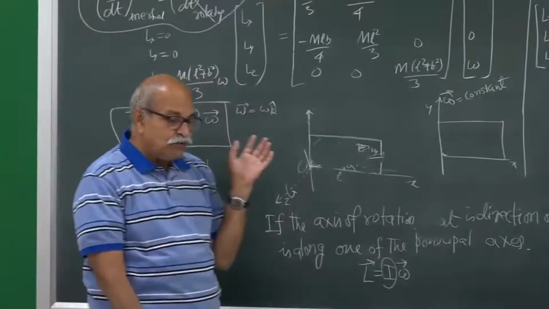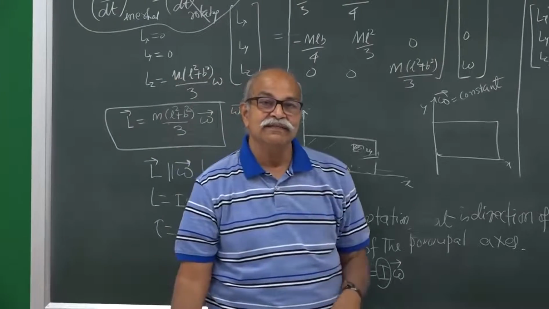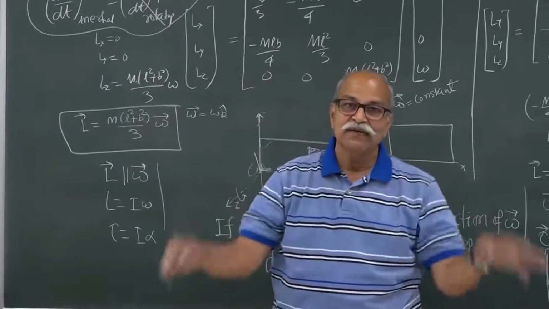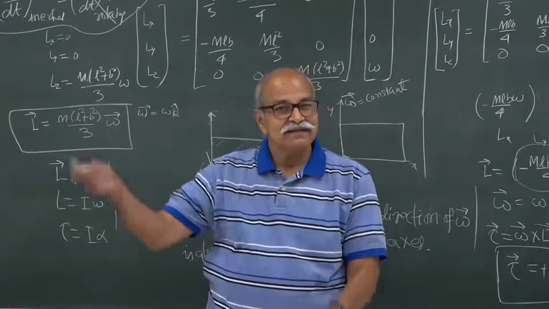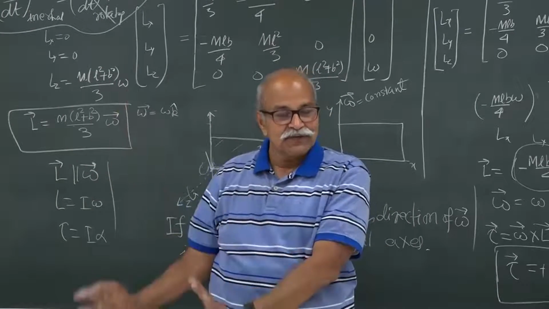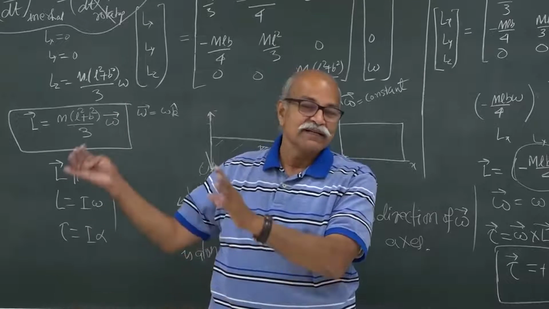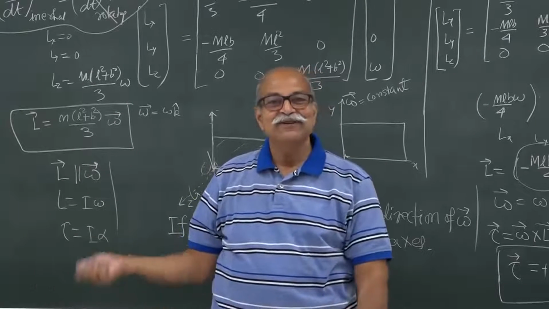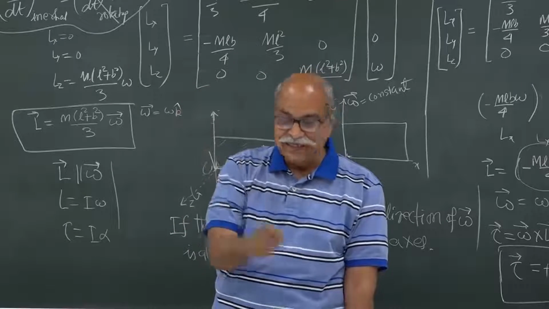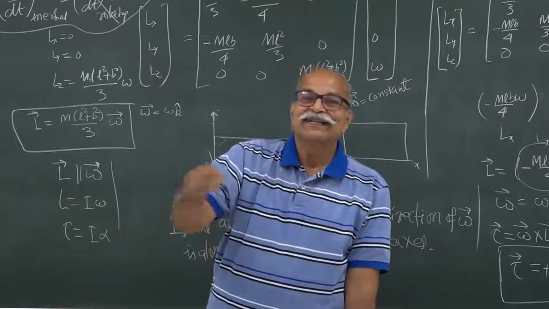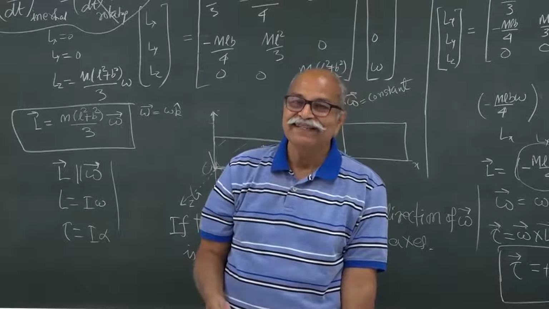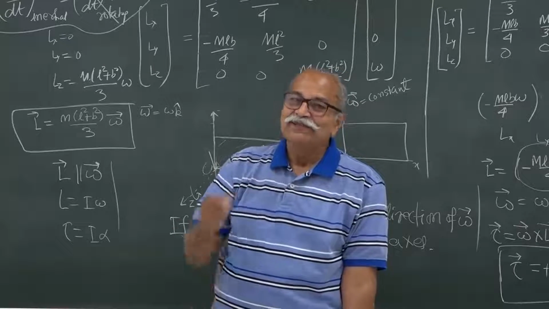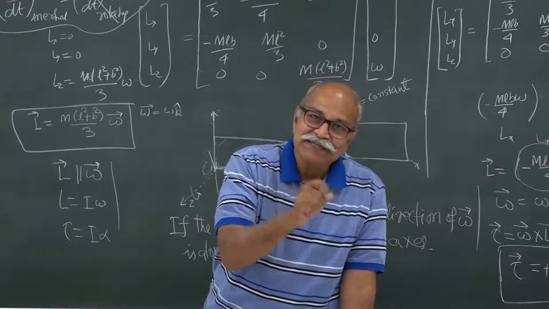Now, how to find the principal axis of any rigid body given the origin? There are standard mathematical procedures. You have to solve certain equations, and those equations will definitely give you the 3 directions which are principal directions, or principal axes, going through that particular origin.